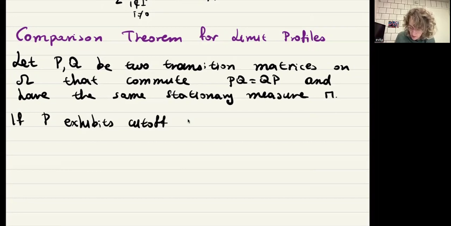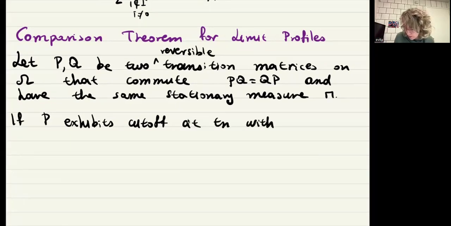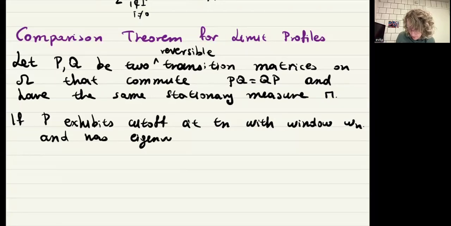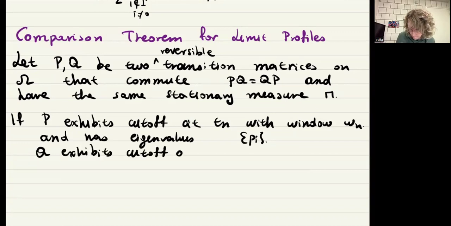Oh, here, by the way, sorry, it's important that we're reversible. So we are symmetric. That's what it means. If P exhibits cutoff at Tn with window Wn, and let's say has eigenvalues, the P_i things that we said, and then Q exhibits cutoff at the same things but with bars.